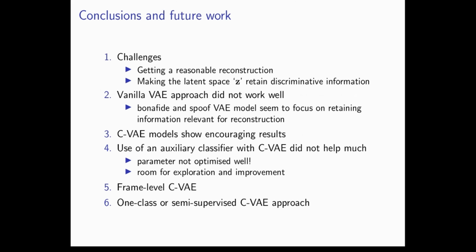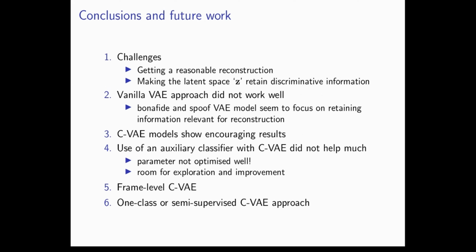Speaking of the take-home message from this study, one of the key challenges we found was making the latent space retain discriminative information while also aiming to get a reasonable reconstruction. This was one of the key challenges when we trained two separate VAE models. Later, when we conditioned these models using class labels, that seemed to help retain discriminative information.